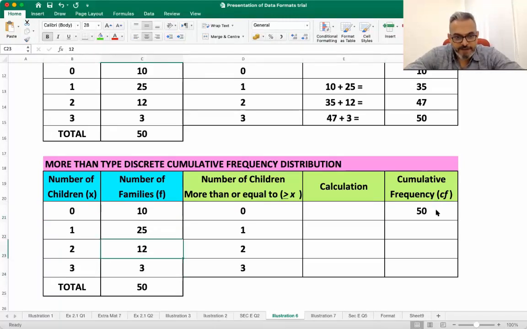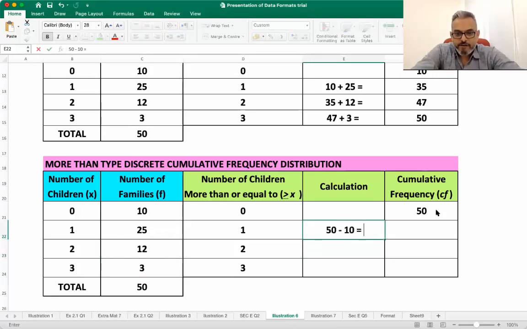Now more than or equal to 1. So from 50, remove these 10, or else 25 plus 12 plus 3, which comes to 40, or we do it this way, 50 minus 10, which is equal to 40.